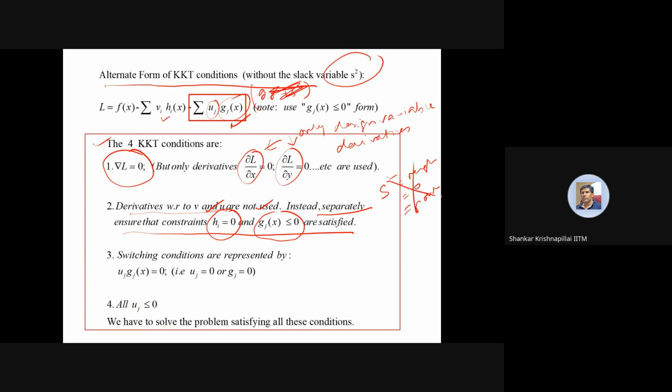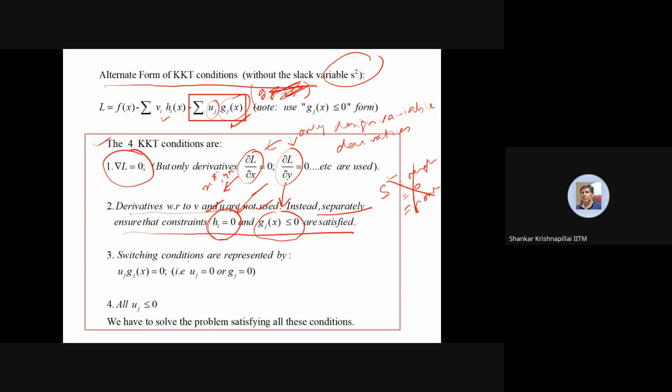That is not required. Instead, you directly substitute whatever x star, y star value you get from these two equations. You directly substitute into the equality constraint and check if it is satisfied. You directly substitute into the inequality constraint and check if it is satisfied.